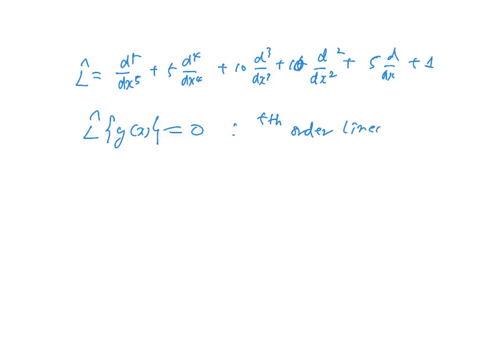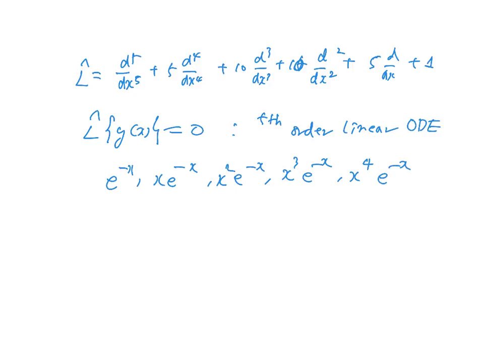Then we know the solutions, right? The solutions will be exponential minus x, x exponential minus x, x squared exponential minus x, x cubed exponential minus x, x to the 4 exponential minus x. So show that they are solutions.